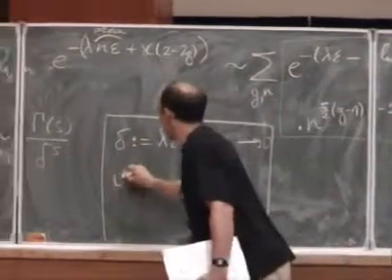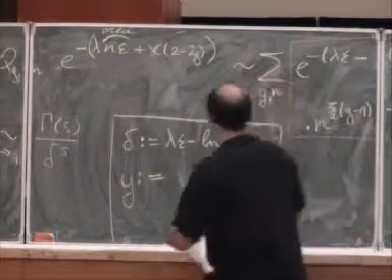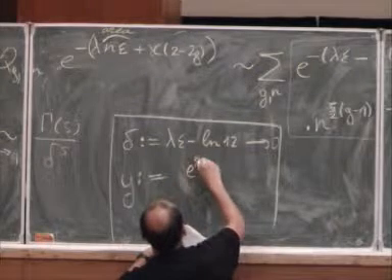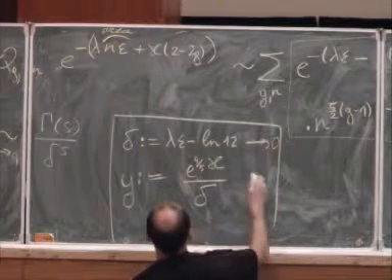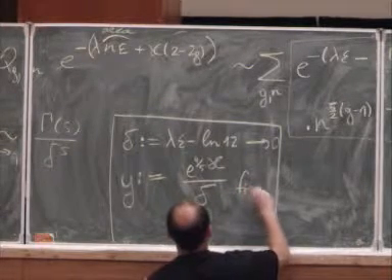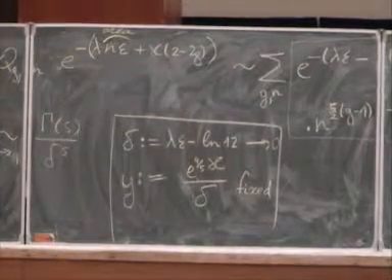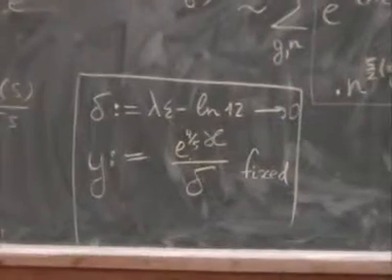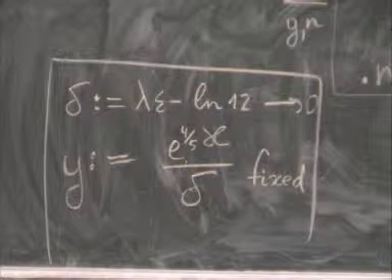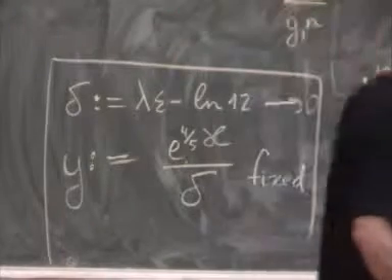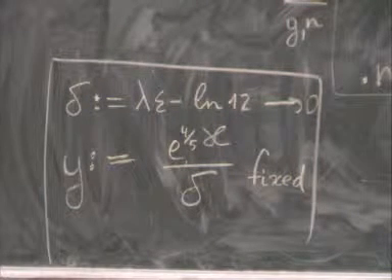Then I denote by y e to the power 4/5 kappa divided by delta, and this is going to be fixed. This is a very bizarre trick called renormalization, because instead of two understandable constants lambda and mu, now I obtain just one constant.